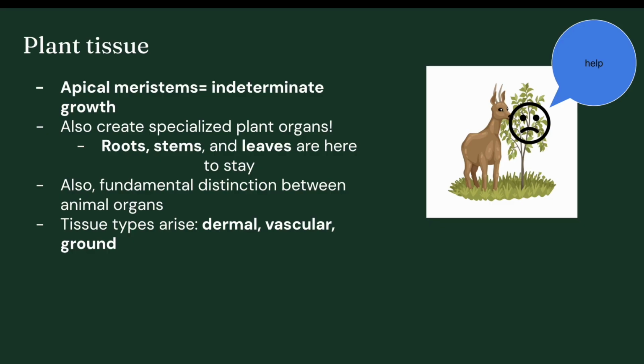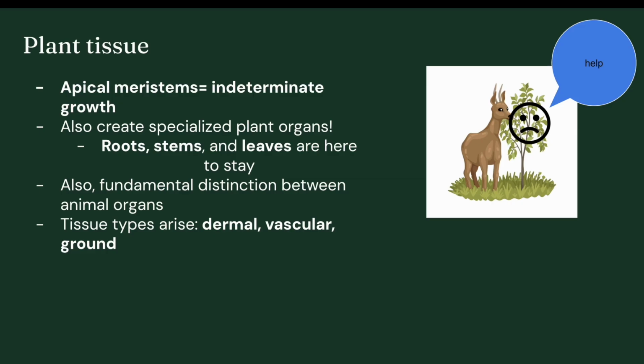Leaves perform metabolic function, but the plant has leaves all over the place. So if it loses a couple of leaves, it's not really a big deal. And that's important because, of course, plants are immobile and can't run away. If I was getting my liver eaten, I could probably run away. So that's a very fundamental distinction just between animals and plants in general. Just the entire strategy by which they build themselves and their tissues, which I think is very cool.